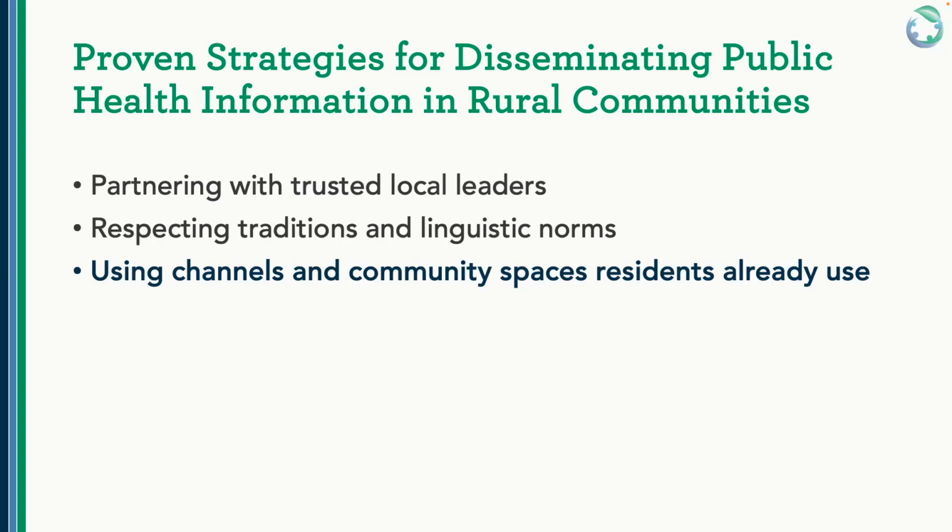In many rural communities, traditional media platforms like local radio, community newsletters, bulletin boards at grocery stores or gas stations, and word-of-mouth communication remain vital. In addition, digital platforms such as local Facebook groups or WhatsApp lists can be useful for disseminating messages in a way that aligns with community norms and preferences.